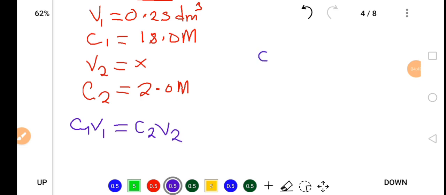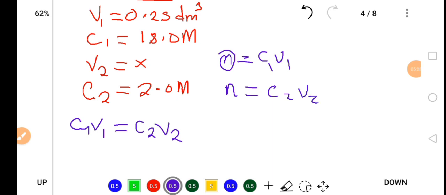Remember, CV is the formula we use to calculate the number of moles under concentration. Now the number of moles does not change. When we say C1V1, the number of moles will remain the same even when we say C2V2.